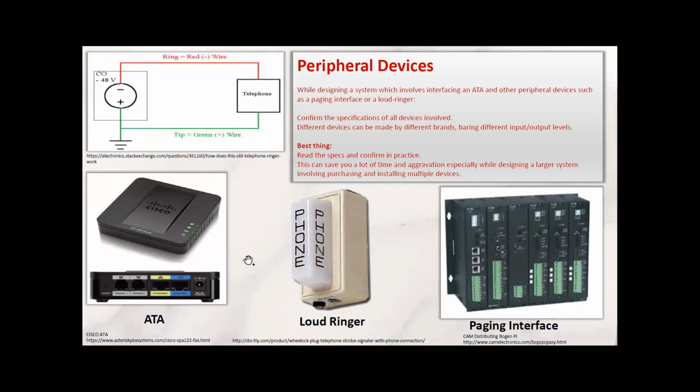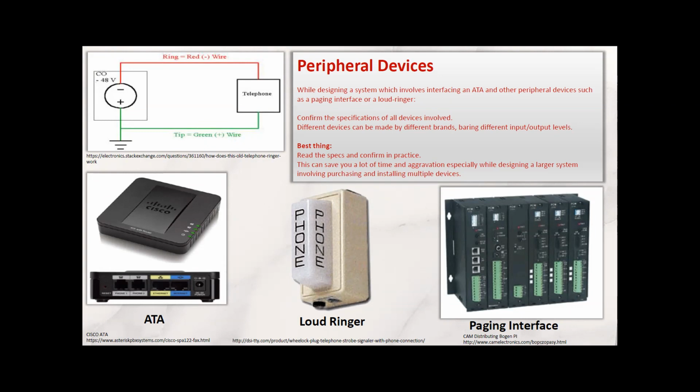Now, the door stations, someone might say we could use that in the elevators. No, we can't, because an ATA adapter requires a connection to a phone system that requires power. If someone gets stuck in the elevator and the power goes down in the building, they are out of luck.